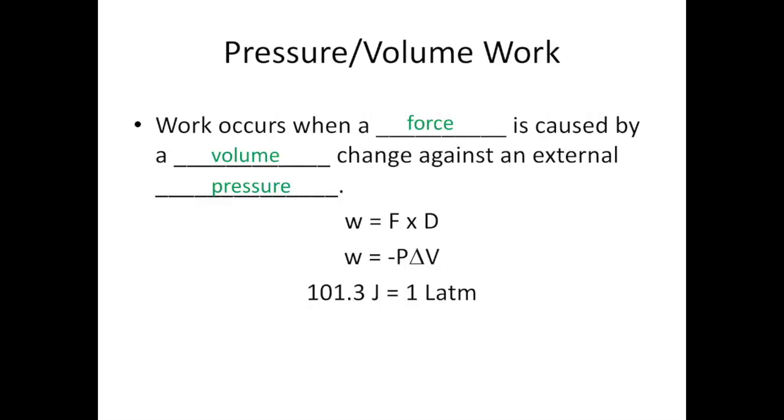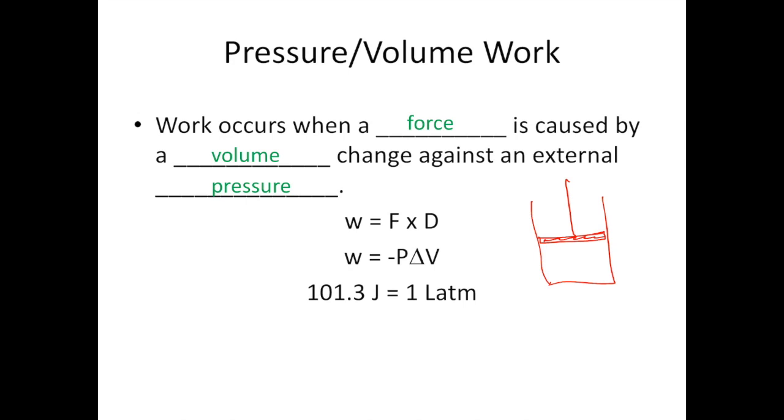Okay, sometimes we are not given the amount of work. But we know that work happens when you have a force caused by a volume change against an external pressure. So basically, if you think about a piston, here's your piston.